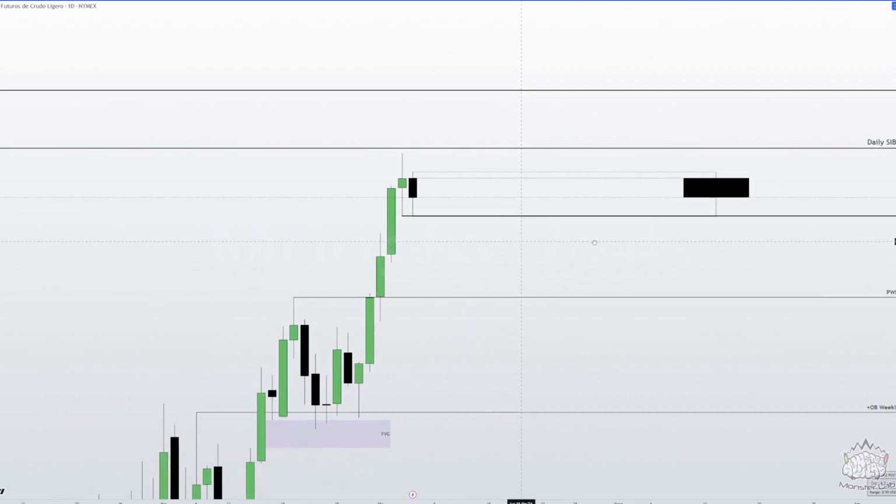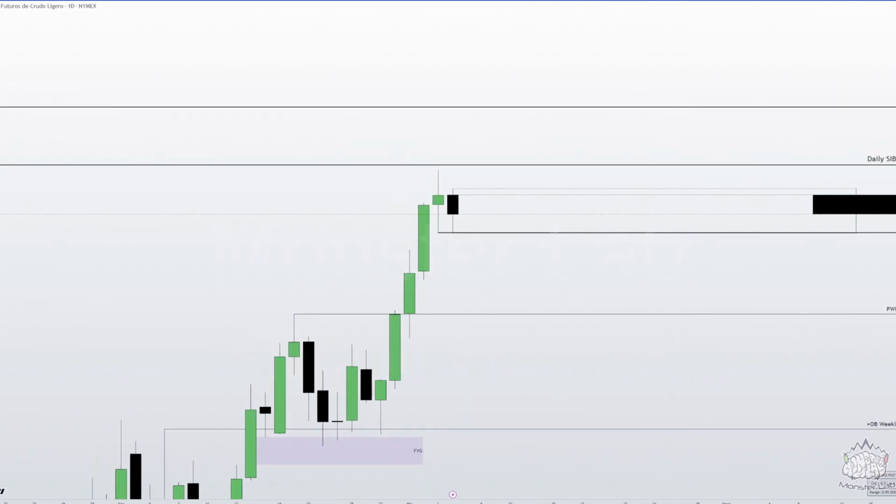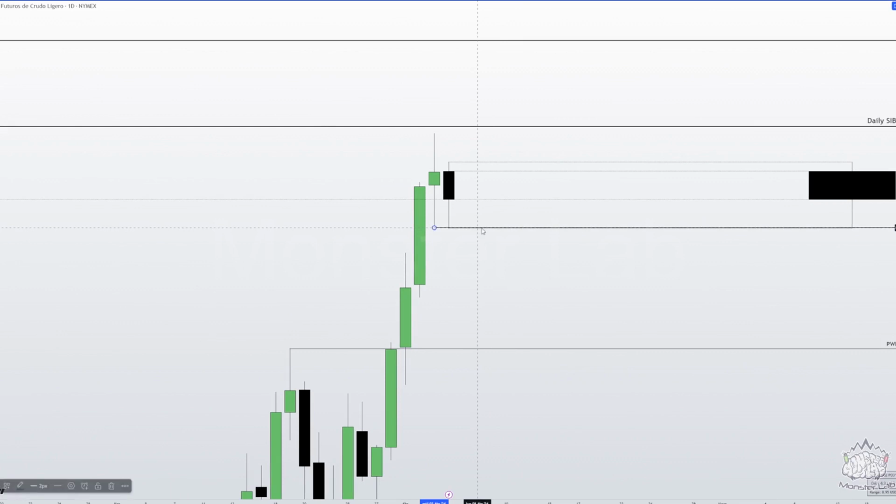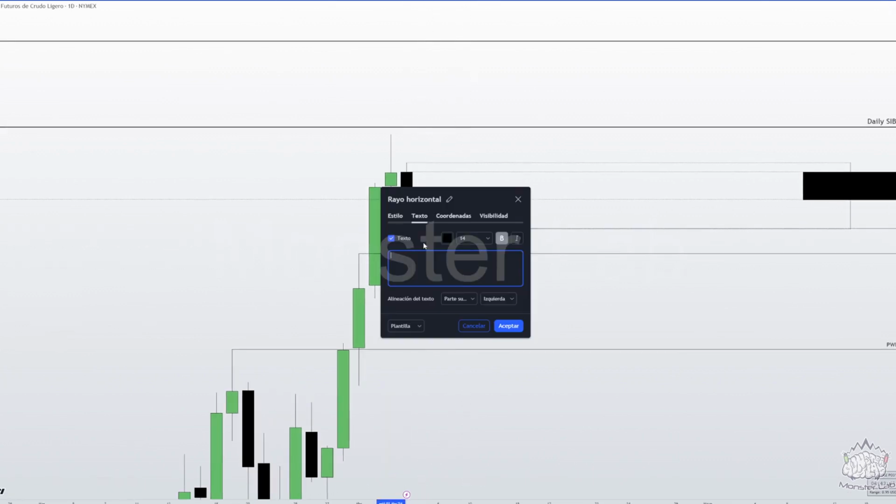So the more recent PDRA here, you can find this daily fair value gap.